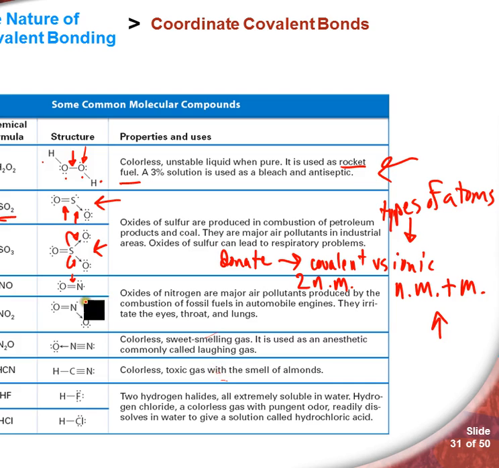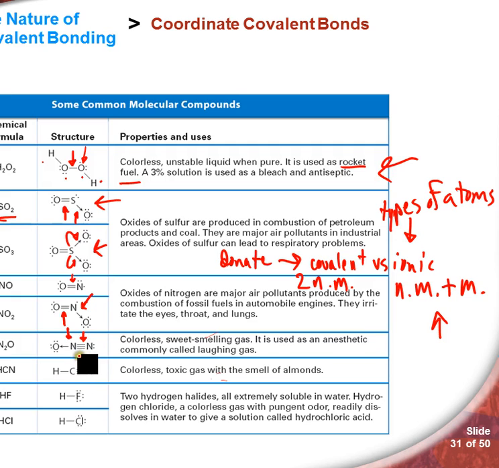In nitrogen dioxide, there's one that they both contribute. The other one is entirely contributed by the nitrogen and then shared between the nitrogen and oxygen. Nitrous oxide, same idea. The triple bond is formed by equal contributions from the nitrogen and the nitrogen, whereas the nitrogen and oxygen bond is formed by electrons given by the nitrogen to make a bond with the oxygen.